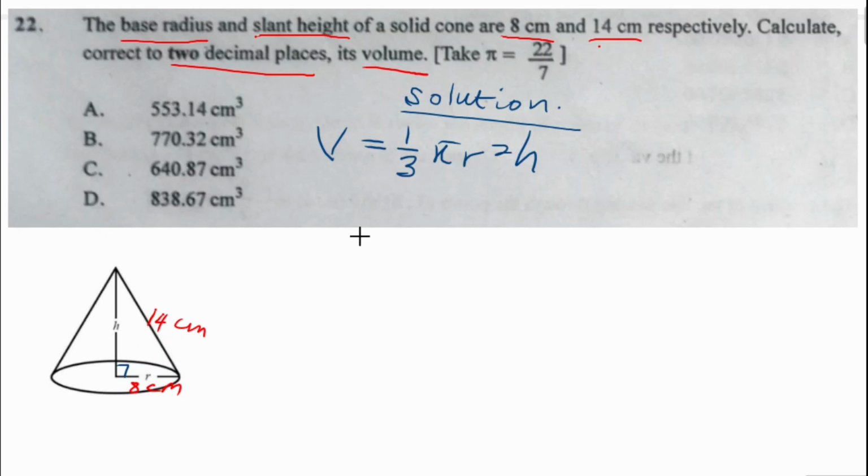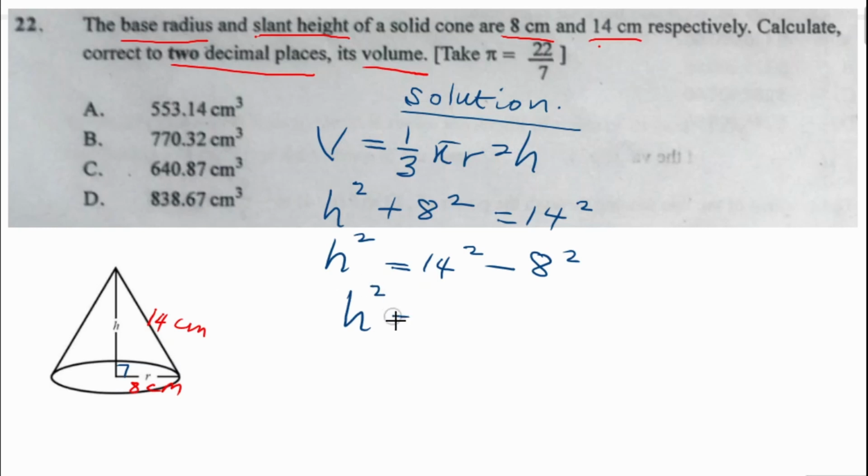And we know that that will be h squared plus 8 squared will be equal to 14 squared. And making h squared a subject, you're going to get 14 squared minus 8 squared. And from your calculator, h squared will be equal to 132, which is 14 squared minus 8 squared.